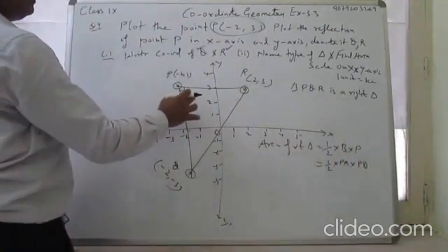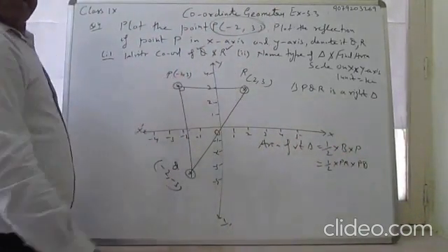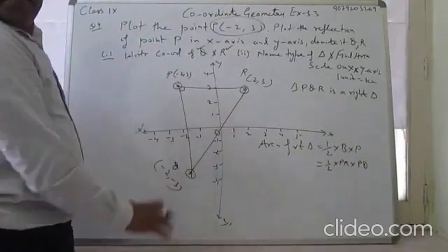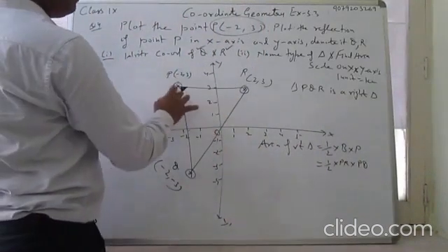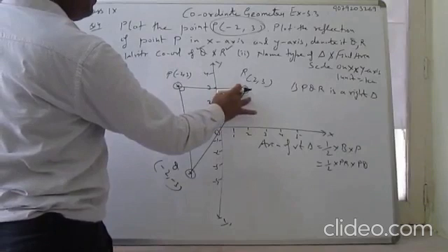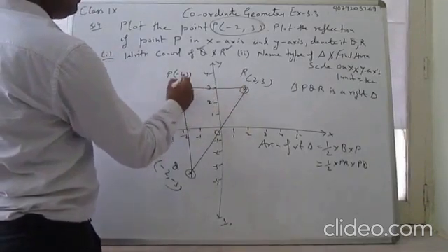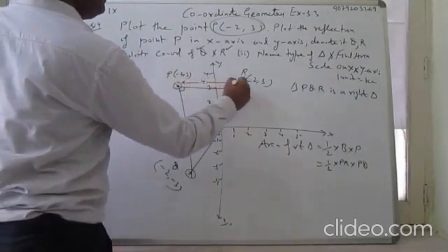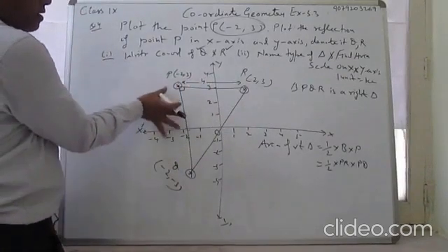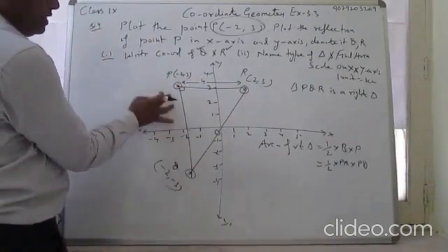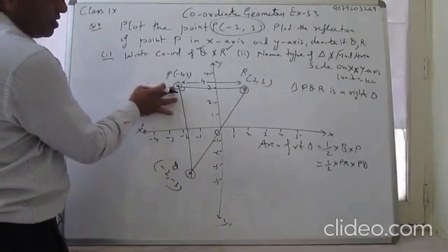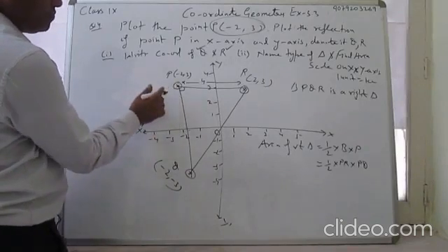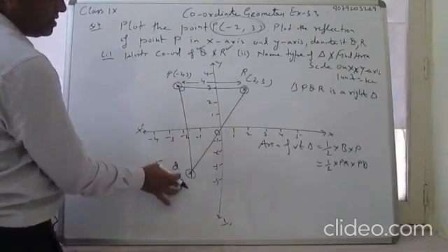The base is 2 units here and 2 units here, so it is 4 units. The perpendicular: above the x-axis how much distance? 3, and below, -3 is the direction.